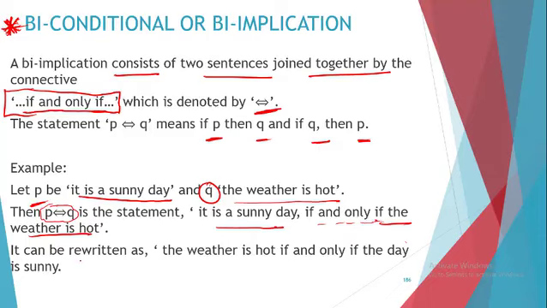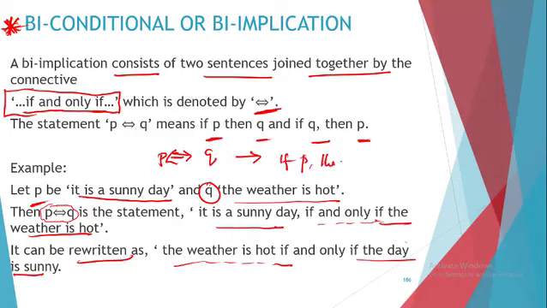It can as well be rewritten as the weather is hot if and only if the day is sunny. That is why we said if we have P implying Q, it simply means if P then Q, and if Q then P. So that is that.